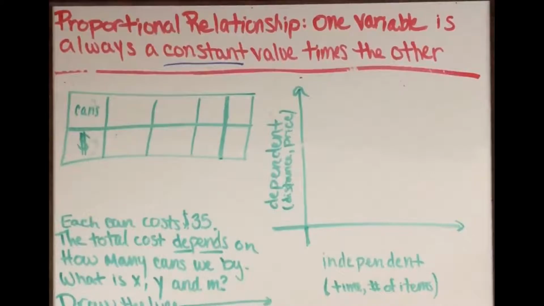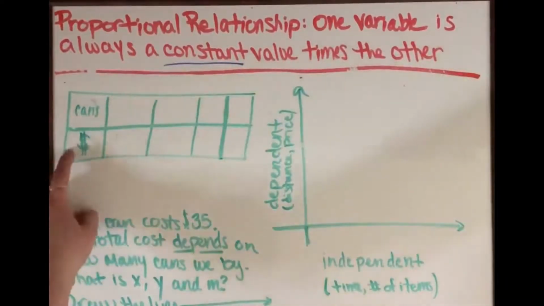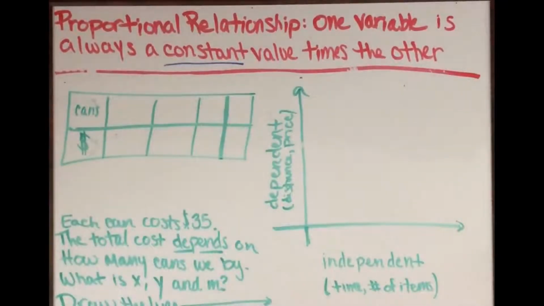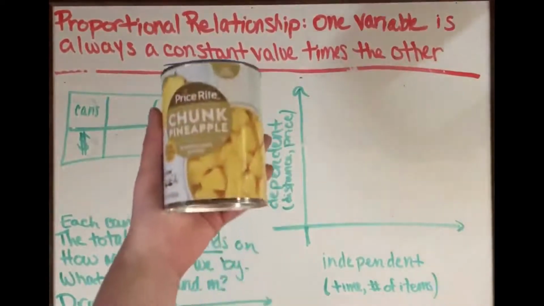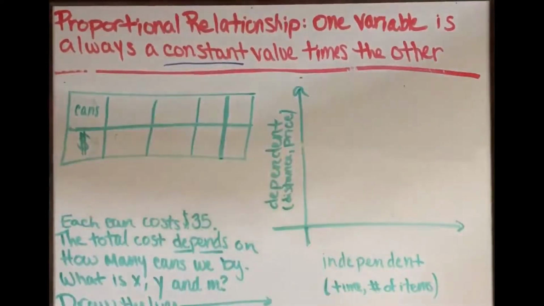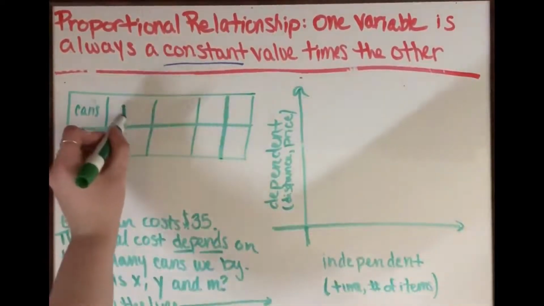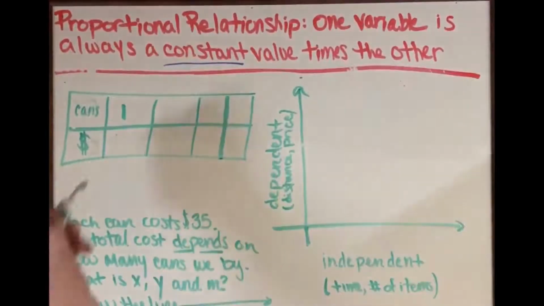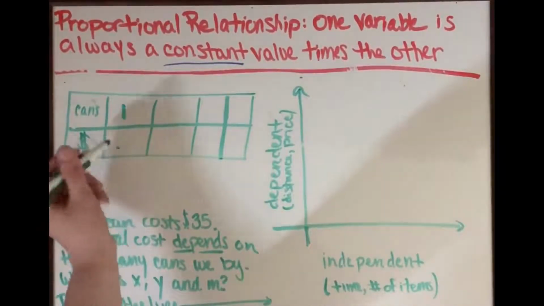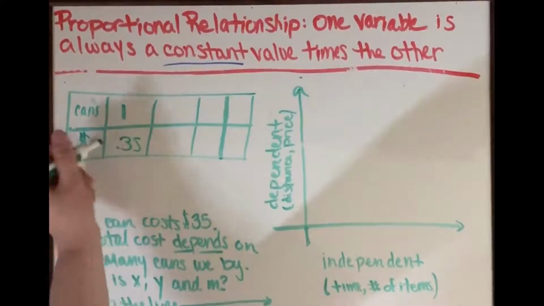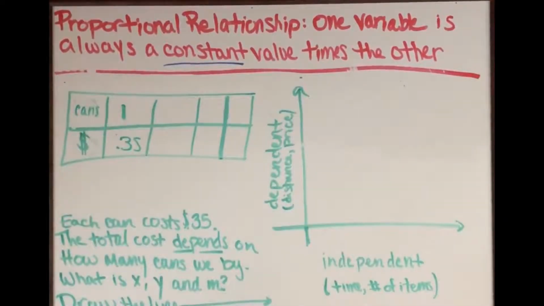Okay, so we have a chart here that's talking about cans and our total price, right? So we go to the store, and the first thing we buy is pineapple. We have 1 can, and it doesn't matter what kind of food we're buying, because at this grocery store, all cans are 35 cents. So we have 1 can. If that's all we're buying, our checkout price will be 35 cents.